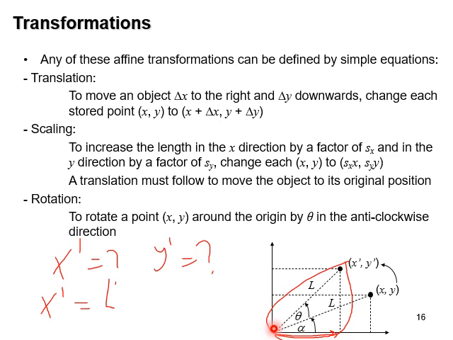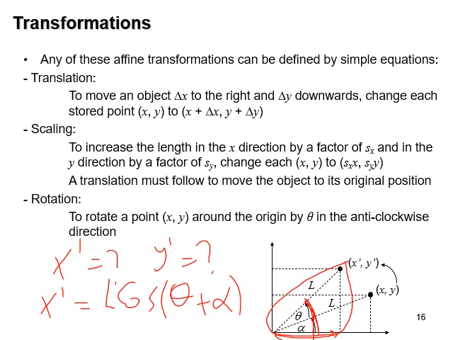It's like this is the radius of a circle, right? So if that distance is equal to L, here also that distance would be equal to L. So x prime in that case would be L multiplied by the cosine of the angle, which in this case is theta plus alpha. This is the value of x prime: L cosine theta plus alpha.